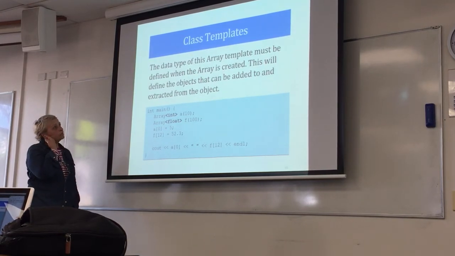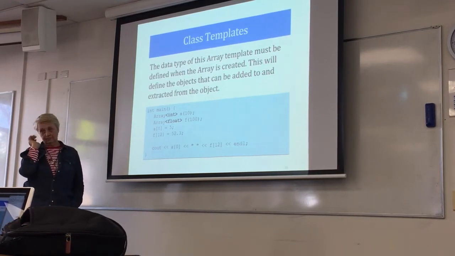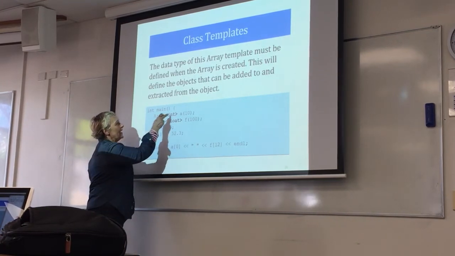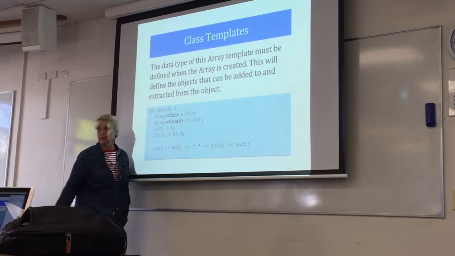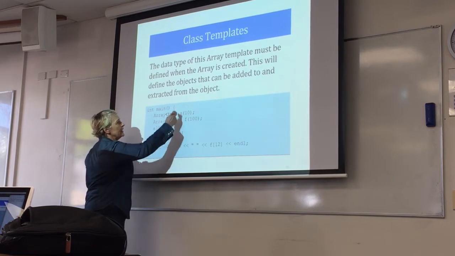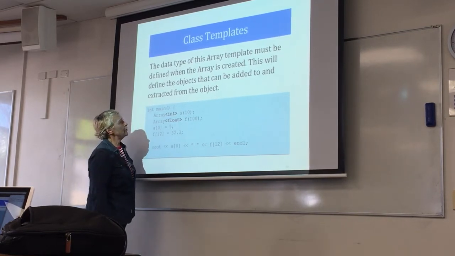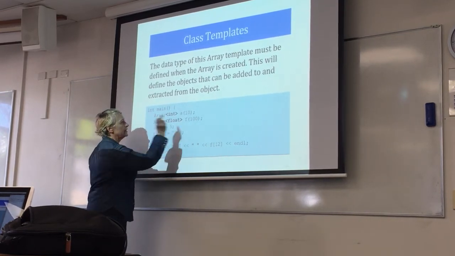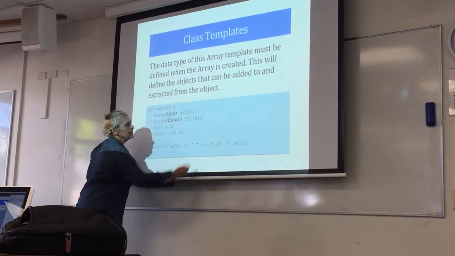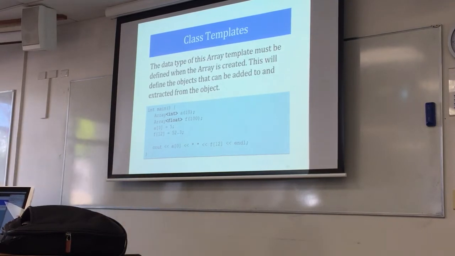Array of what you had for your assignment 2 part 1, employees. You can have array of any type you want here, like a collection. And in this example, we have an array of integers with 10 elements and an array of floats with 100 elements. We set some values and then we display them just to see how it works.